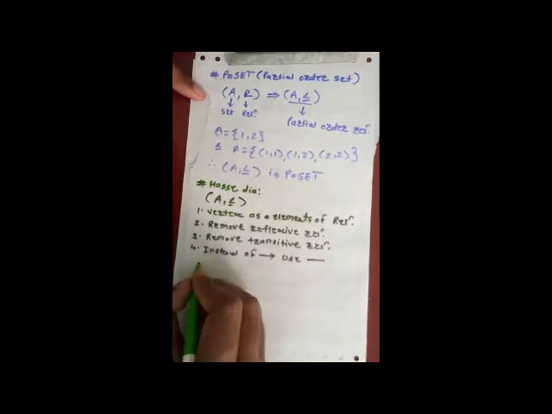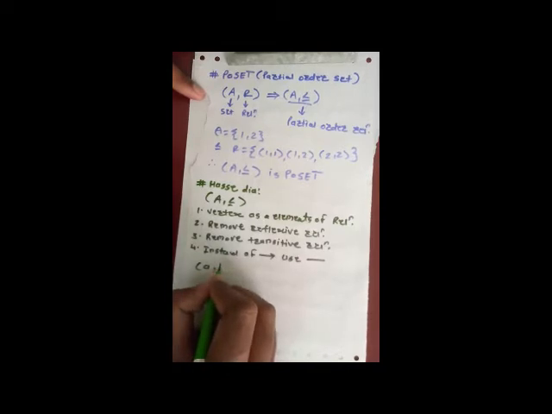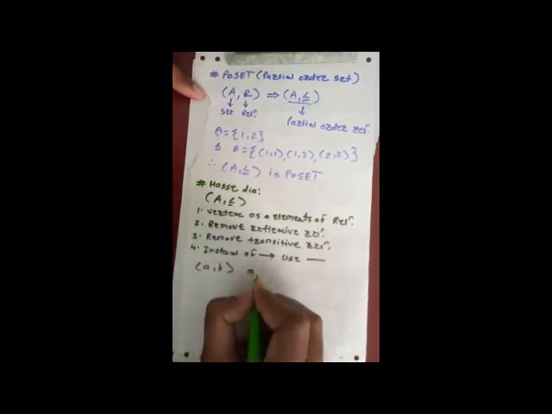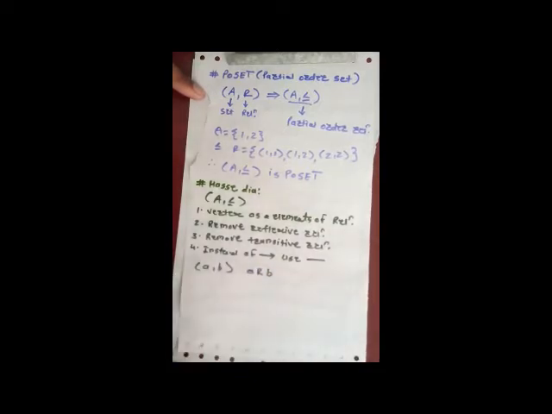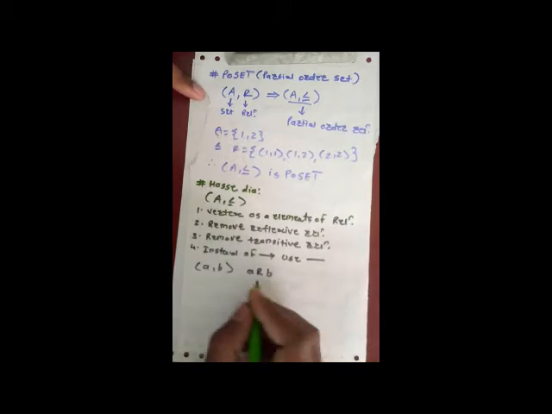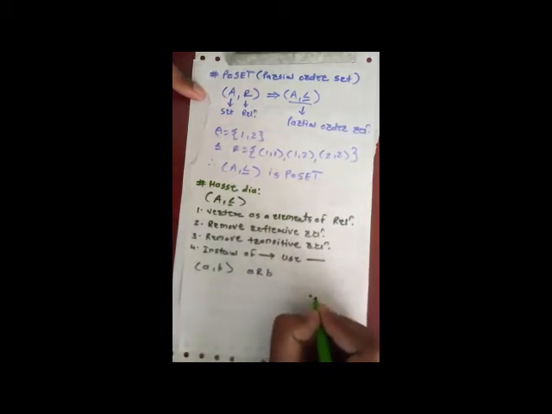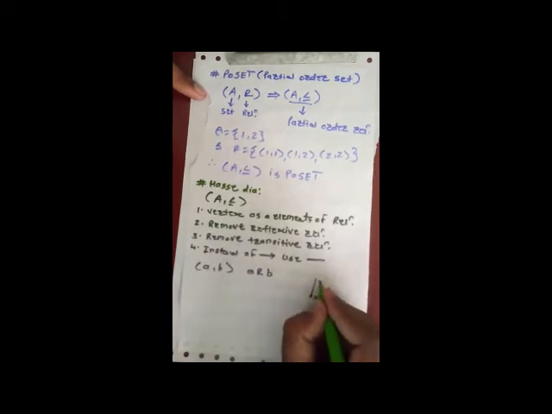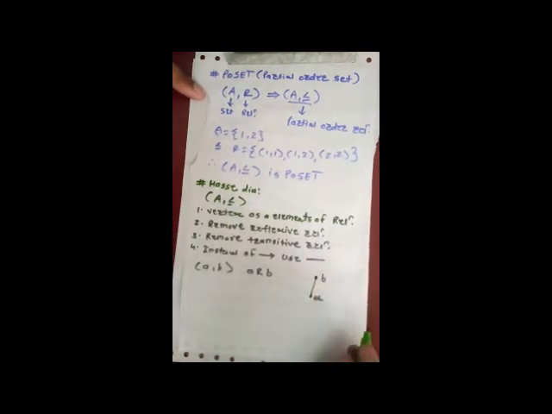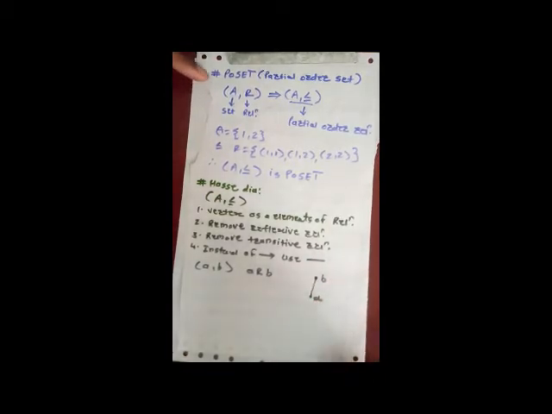So in that case, if there is a pair (A, B), meaning A is related to B, then while drawing the Hasse diagram, we have to draw A at the lower level and B at the upper level. It indicates A is related to B. So these are the comparable elements or related elements.